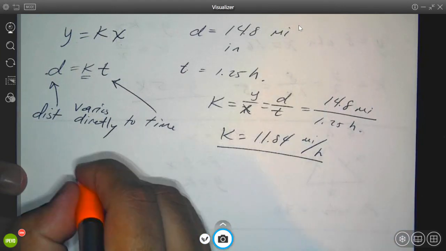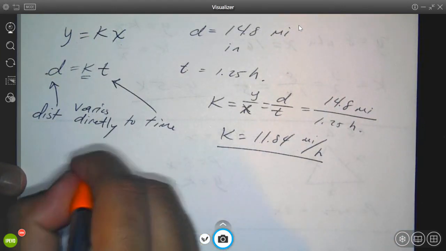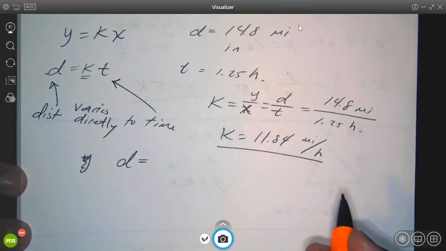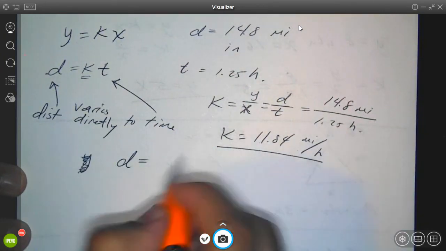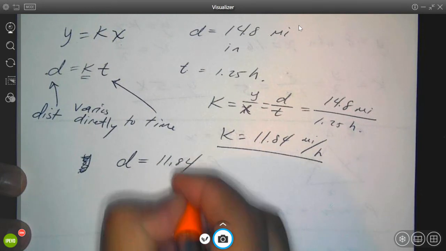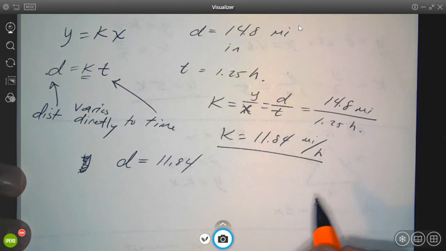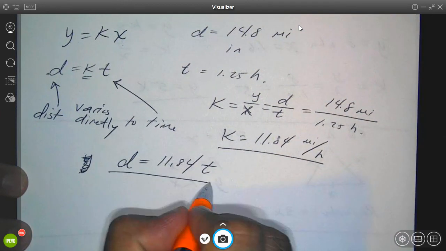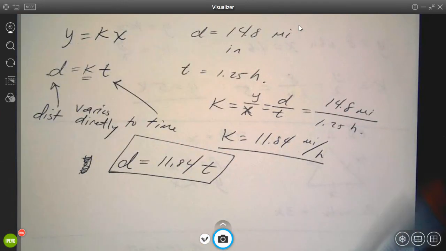So the equation is distance is equal to my constant of variation, which is 11.84 miles per hour, right? Times time. 11.84 times t.